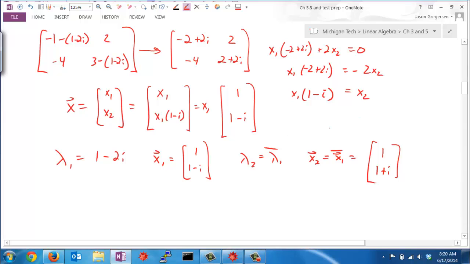All right, now just like I have complex numbers that look like a plus bi, I kind of want to write my complex eigenvectors like that too. So that's what I'm going to do. I'm going to have complex vectors, and I'm going to write that as a vector plus a vector times i. So for instance, my first eigenvector, I could rewrite like this. I could gather up the real parts.